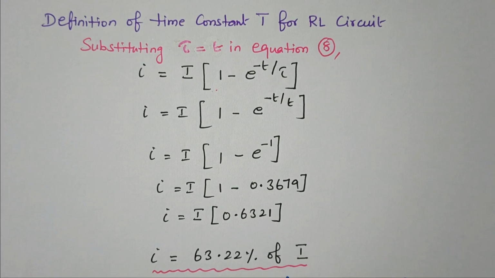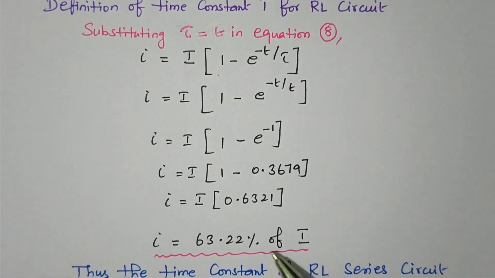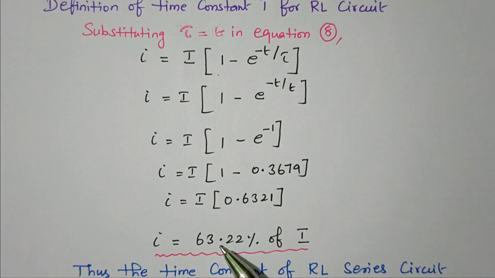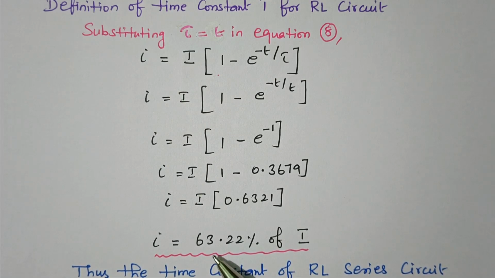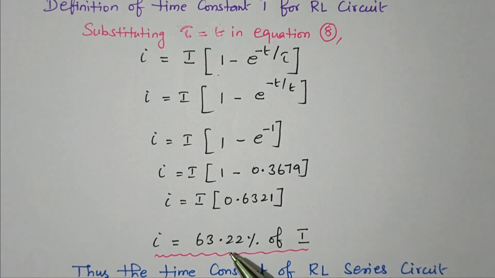So i equal to 63.2 percentage of I. So this only we saw in the graph. The current increases gradually. After 63.2, up to this value, it is increasing exponentially, rapidly. Thereafter, slowly increasing. So this is the 63.2 percentage of current. Corresponding time also indicated in the graph. Right.